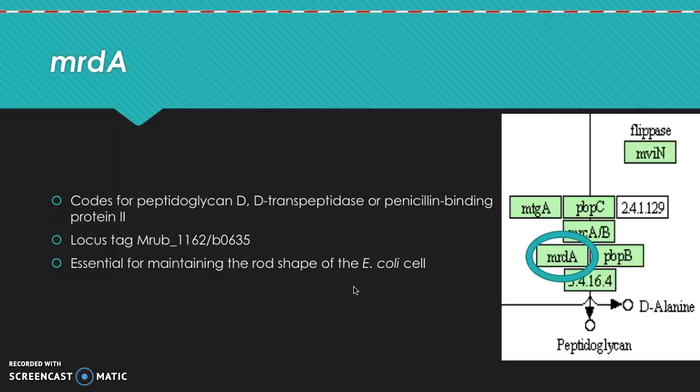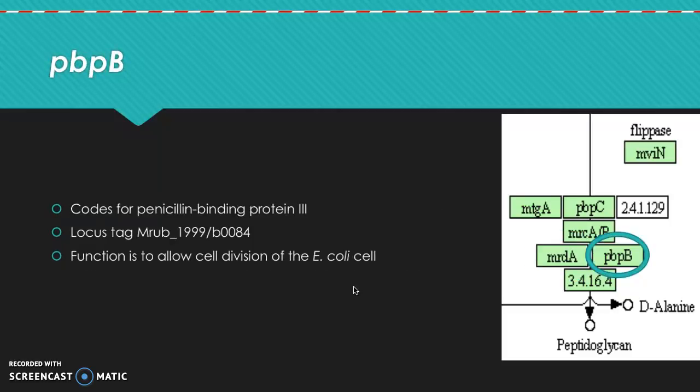The next gene that I chose was the mrdA gene. It codes for penicillin binding protein 2, and it is essential for maintaining the rod shape of the E. coli cell and the M. ruber cell during peptidoglycan production. Next is pbpB, which codes for penicillin binding protein 3.